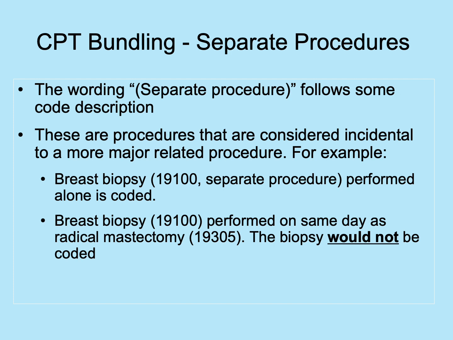Obviously, the radical mastectomy is the bigger procedure, so the biopsy is unimportant. So that's how this is figured. This is a separate procedure. So if it's the only one performed, you're going to report it. If it's performed with a related procedure in the same area, you're not going to report it separately.